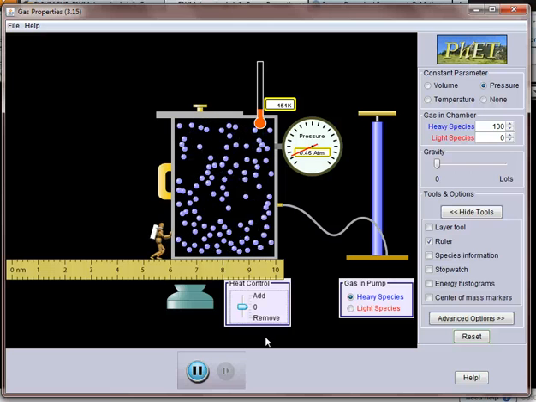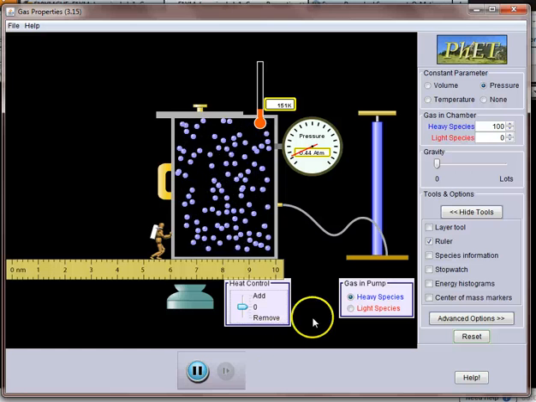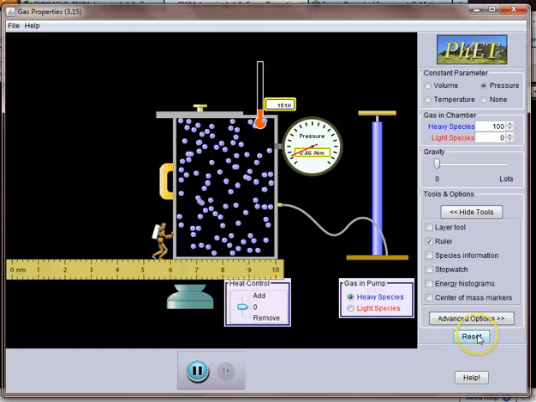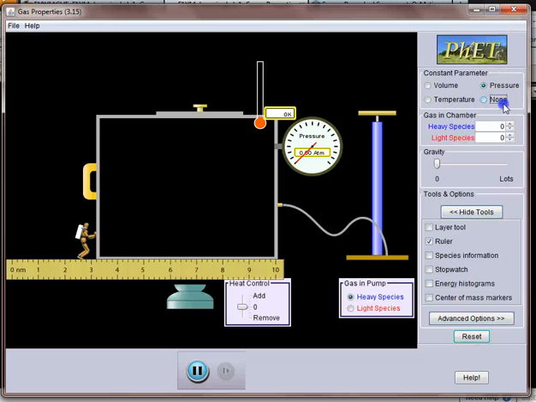Now, fourth experiment, our ideal gas equation. Reset, click to none. Okay, hold on a second, let me read the instructions properly.